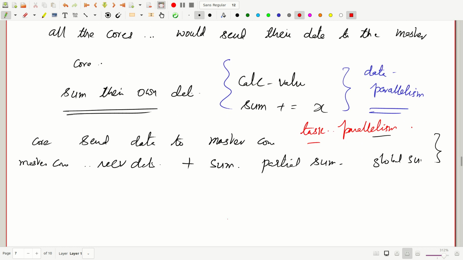In general, you would have both task parallelism and data parallelism depending on the algorithms and the things you are working with. All right, but this will help you visualize what is what. Now let us also look at three keywords that we encounter in parallel processing.